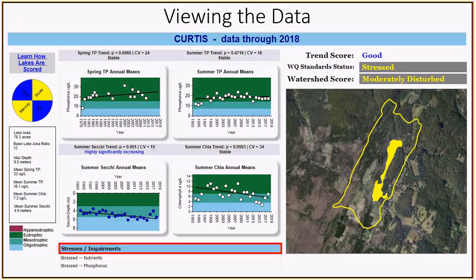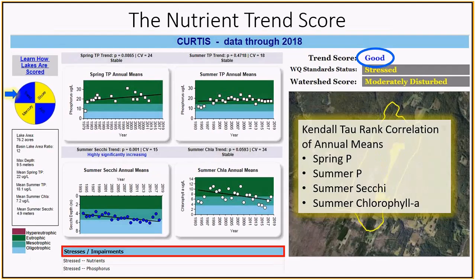So from the main scorecard data page, you get to see the underlying data that informs the color scores for the SekiDisc quadrants, as well as some general lake statistics on the left side of your screen there. First of the SekiDisc quadrants, the top left quadrant of the SekiDisc, is the nutrient trend score.